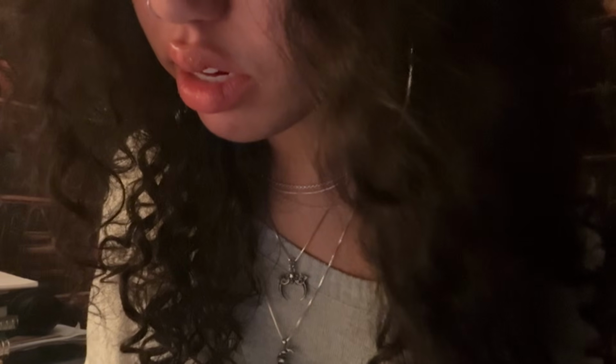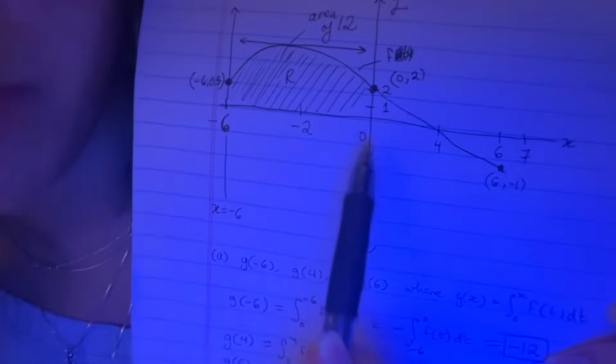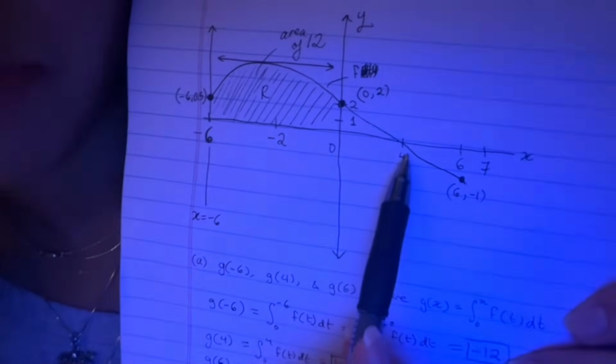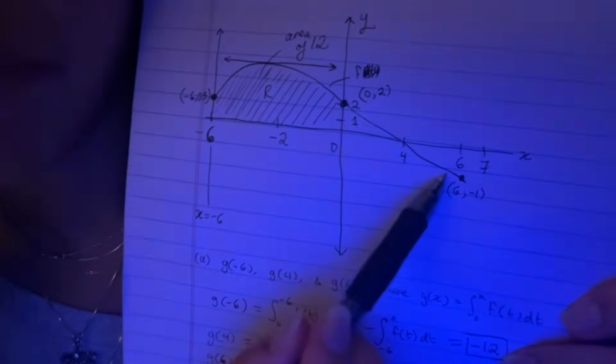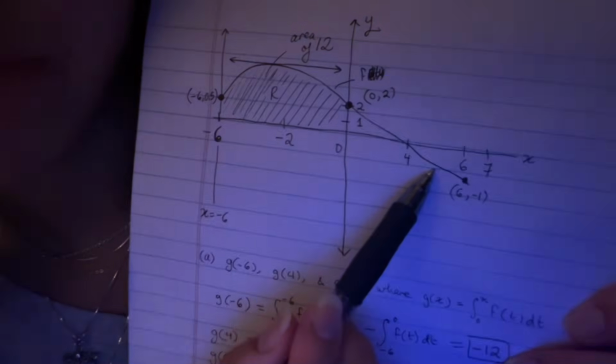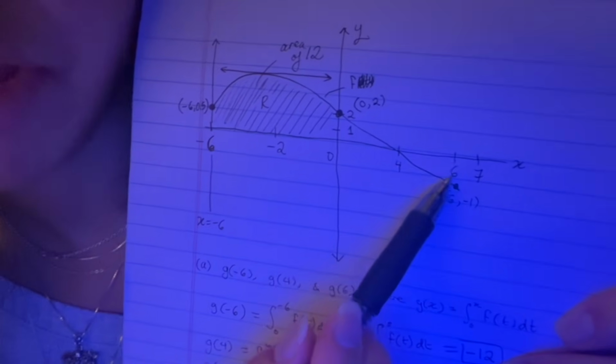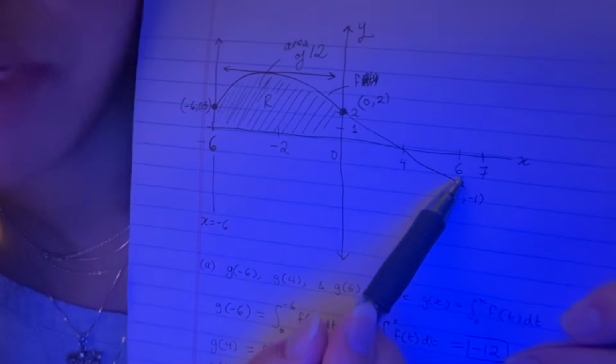G of 6 is the same idea. We want the area under the graph from 0 to 6. And we already know that the area from 0 to 4 is going to be 4. So we need the remaining area between the x-axis and the graph, which will just be this little triangle from 4 to 6.